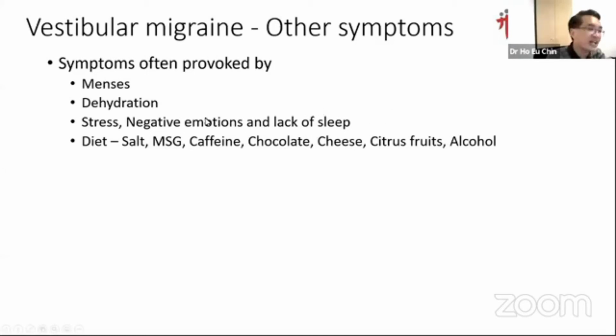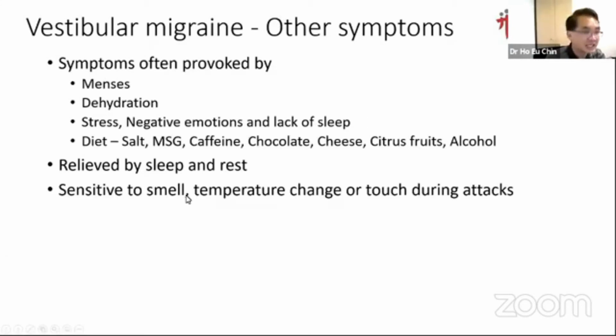Diet, if your diet is high in salt, MSG, monosodium glutamate, caffeine, chocolate, cheese, citrus fruits, and alcohol, then you are more likely to have these symptoms provoked. Okay, so for those of you who eat hawker food all the time and you have migraine, then that is a risk factor. And often the symptoms are relieved by resting and sleeping, right? They have a good night's sleep and the next day everything is back to normal.